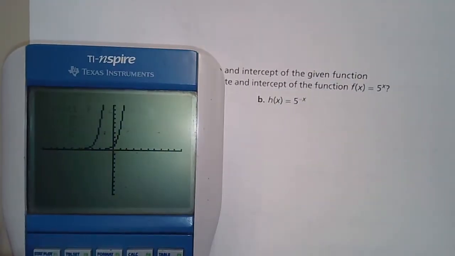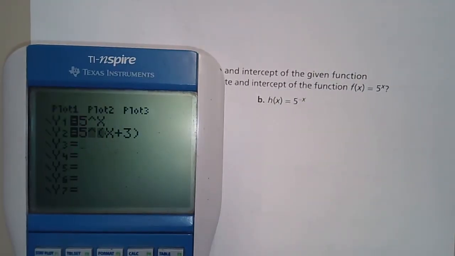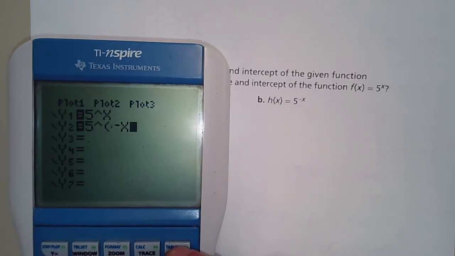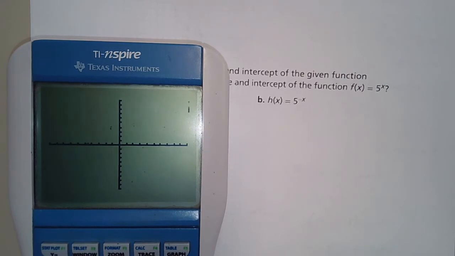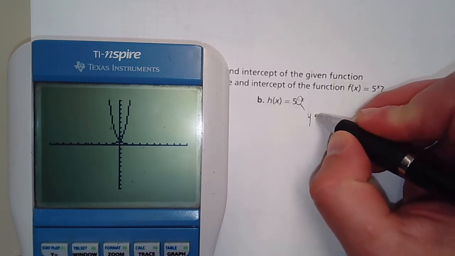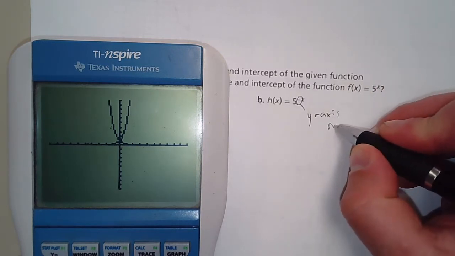Okay, and then for the second one here, same concept, except now they want us to do negative x. What does that do to us? Here's our original. And there's our other one. So this, we've actually not seen in a long time. This is going to cause a y-axis reflection.